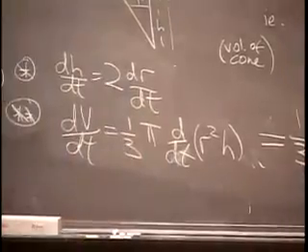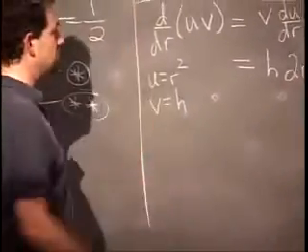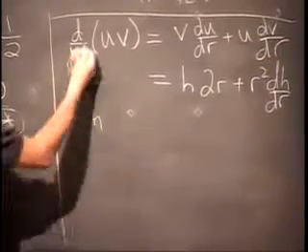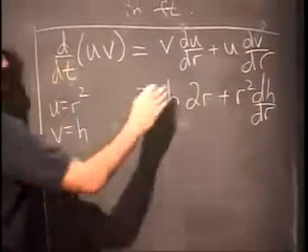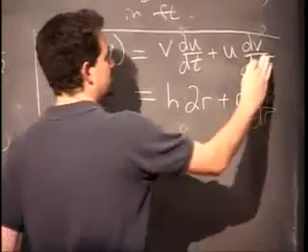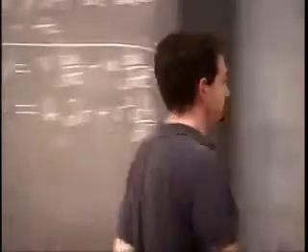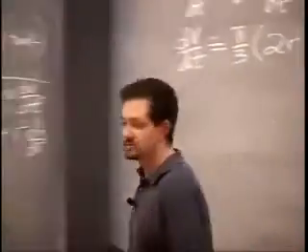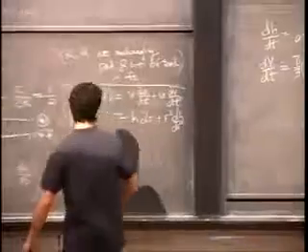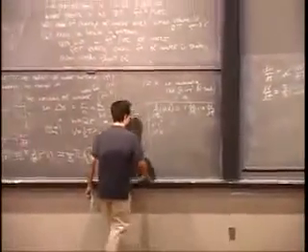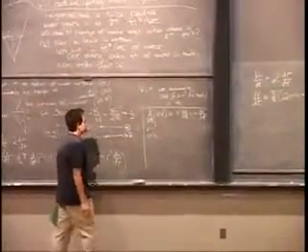It should have been d/dt, which means that all this is wrong. This needs to be dt, this needs to be dt, this needs to be dt. Stop the tape. No, just kidding. We can fix this up. So what do we get?